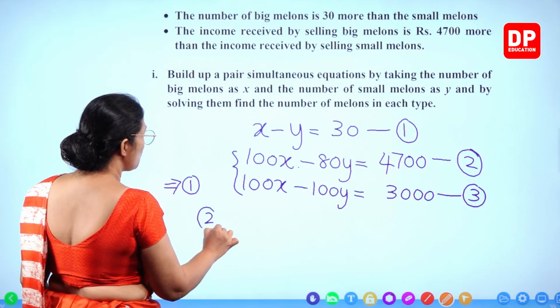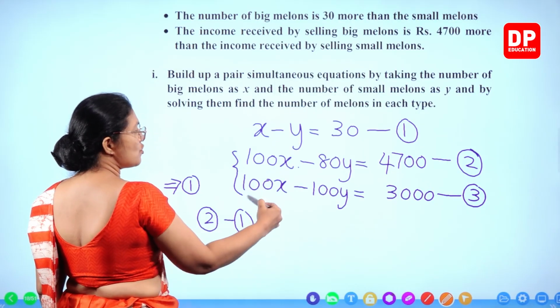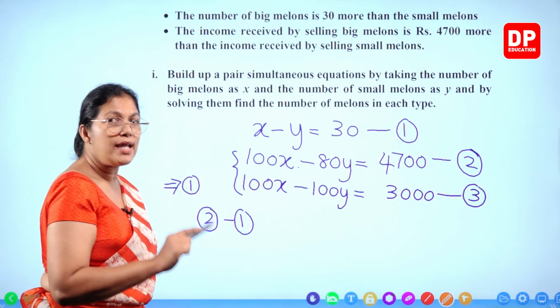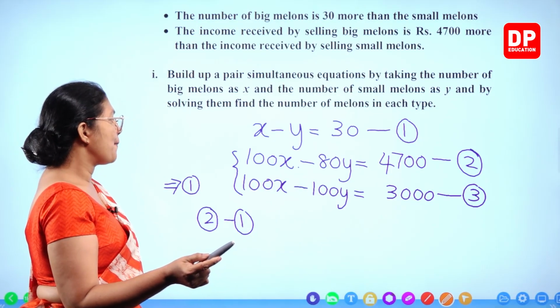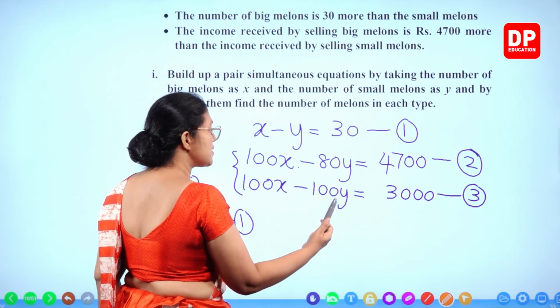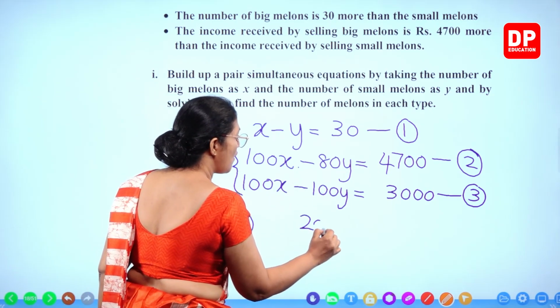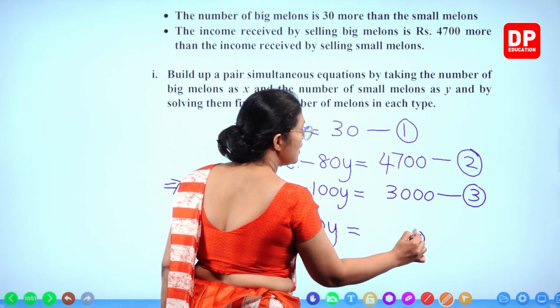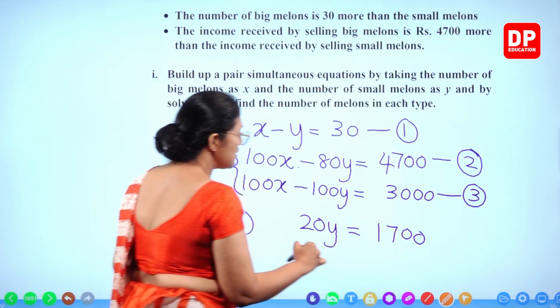So 2 minus 1. When you subtract, x gets cancelled out. Minus 80y minus 100y, so that becomes plus. So 80 plus 100 becomes 180y. No, 80 minus 80... 20y. 4,700 minus 3,000, you get 1,700.